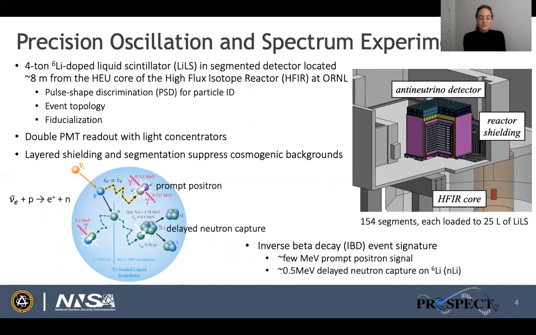The segmentation suppresses cosmogenic backgrounds. Like many neutrino detectors, PROSPECT uses the inverse beta decay process to detect electron antineutrinos, where the electron antineutrino comes in and interacts with a proton in the scintillator to produce a positron and a delayed neutron. We'll pay attention to the position of this positron later.